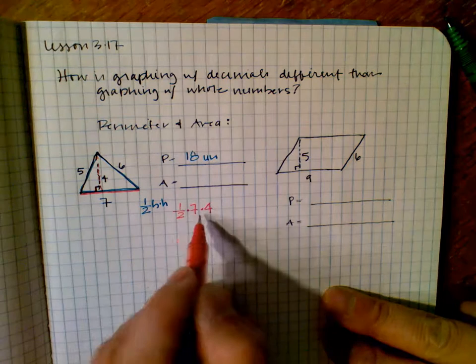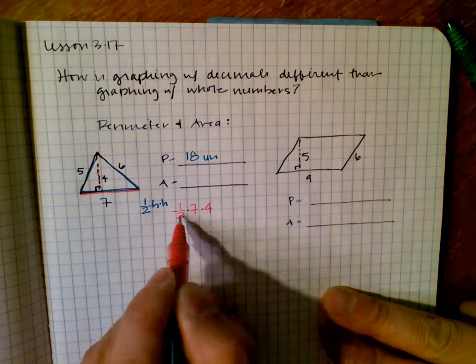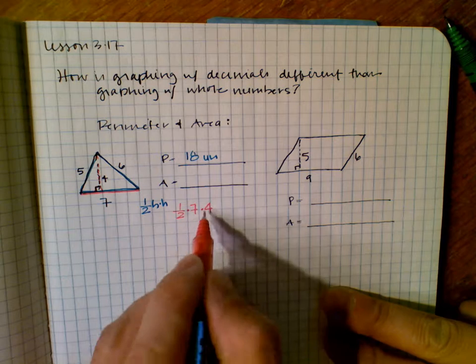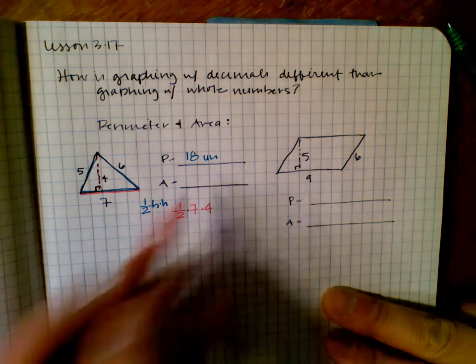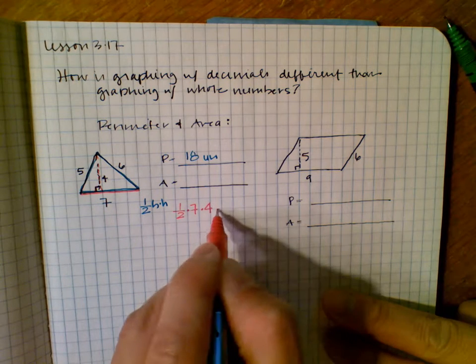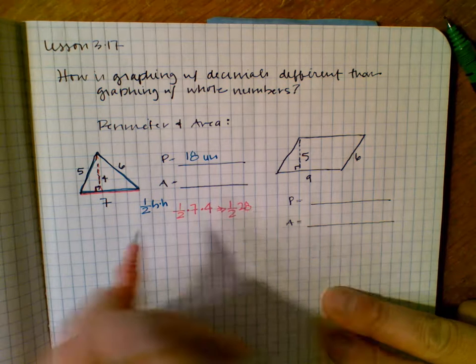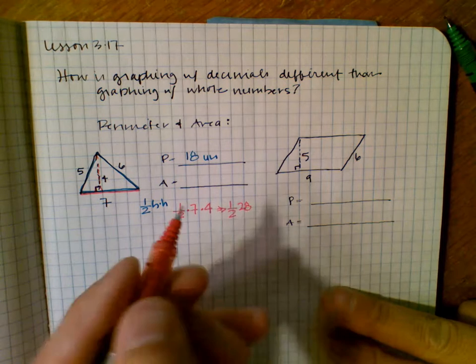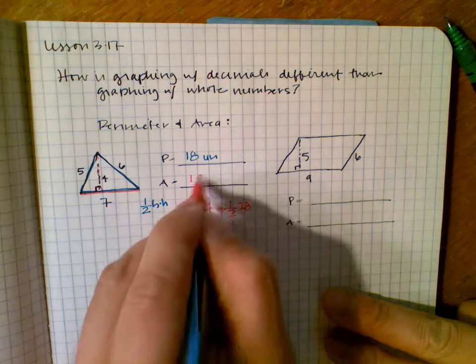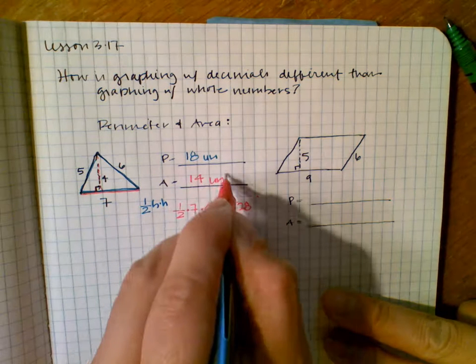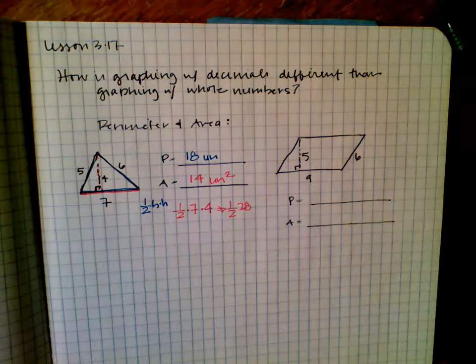Now I can do 7 times 4 and divide by 2, or I can just do 7 times 4, which would be 1/2 of 28. 28 divided by 2 is going to be 14, and that one is units squared, or square units.